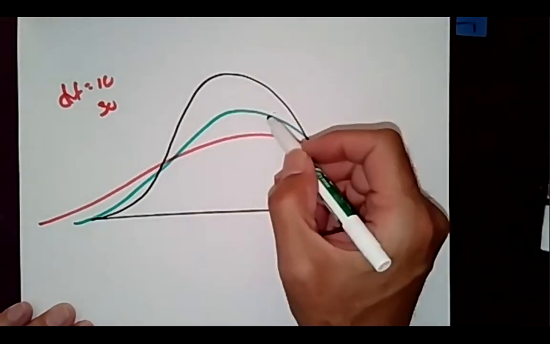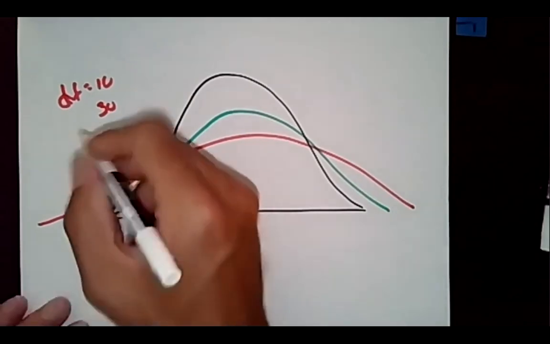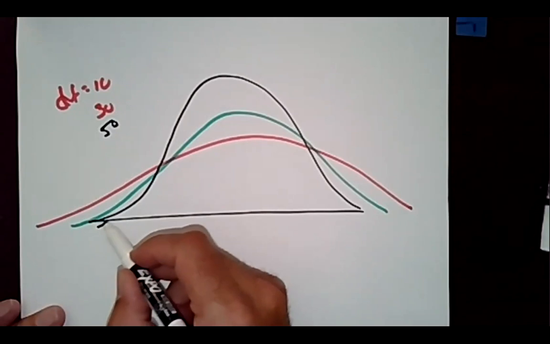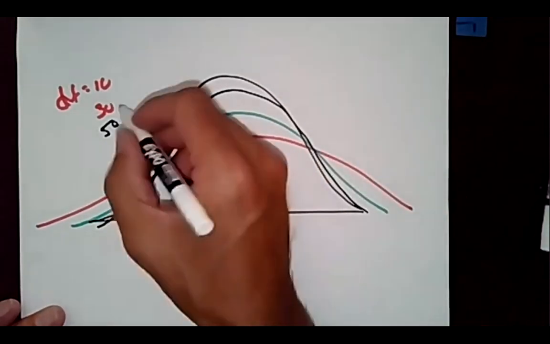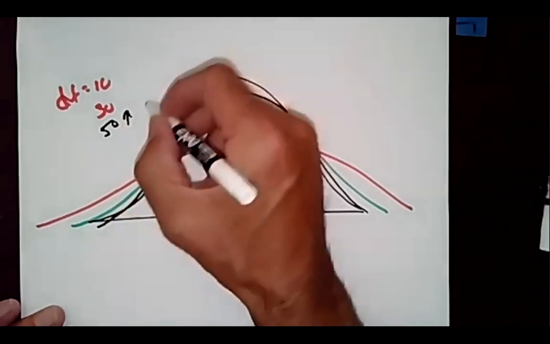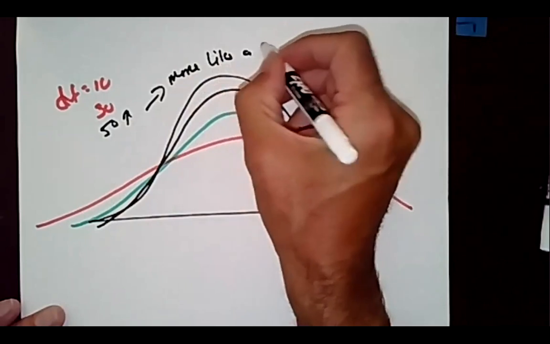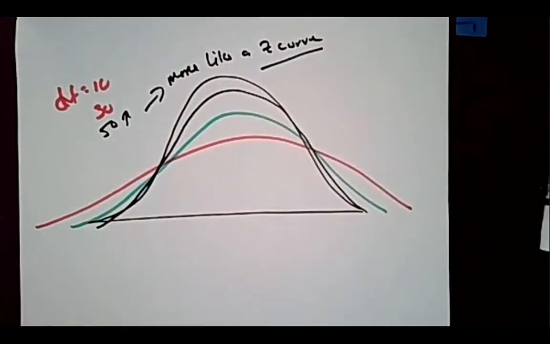See how it's looking more and more like a Z curve, right? If I then do 50 now, right? So basically, as this increases, more like a Z curve, right? More like a Z curve.